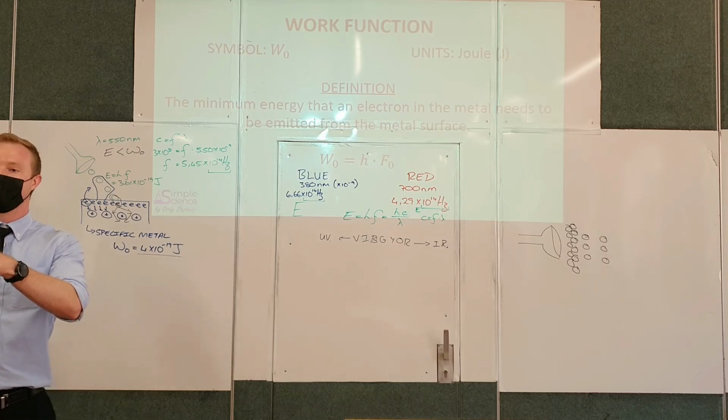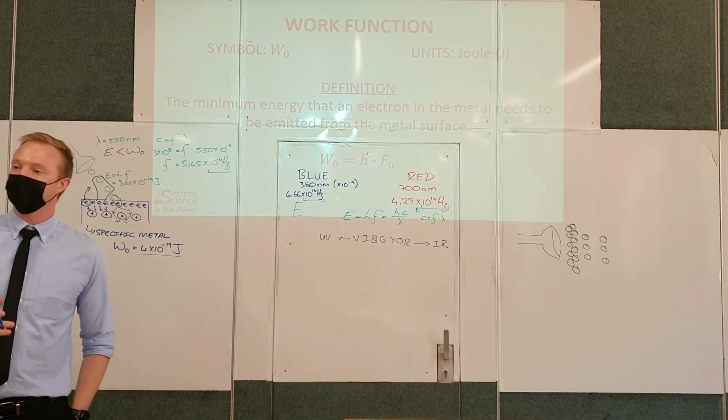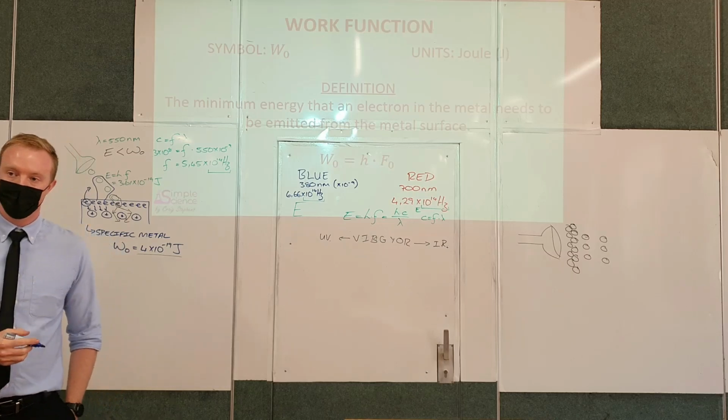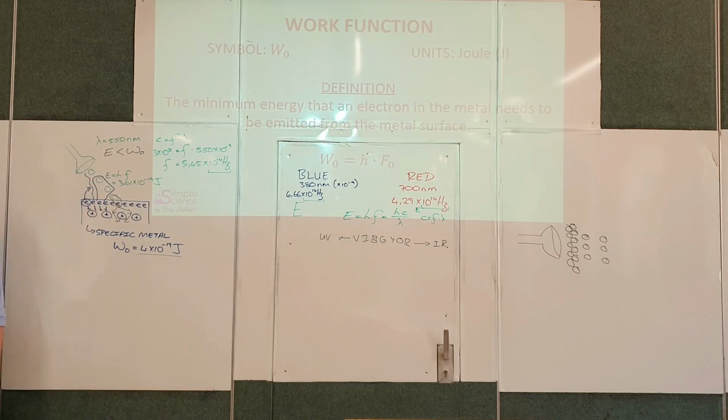It can't wait and gather energy. The second, and this is the proof that the photoelectric effect is evidence of the particle nature of light, is that if light was a wave, exactly that would be able to happen. Each electron would be able to wait until it absorbs enough energy and then escape.